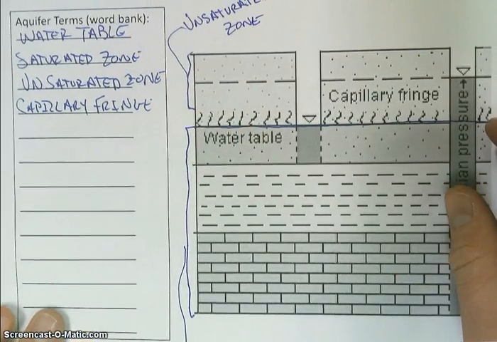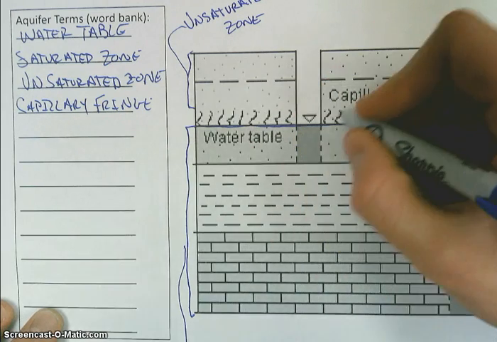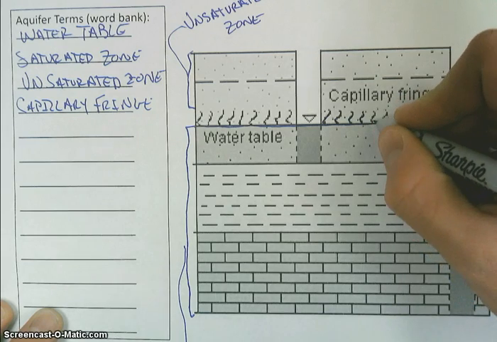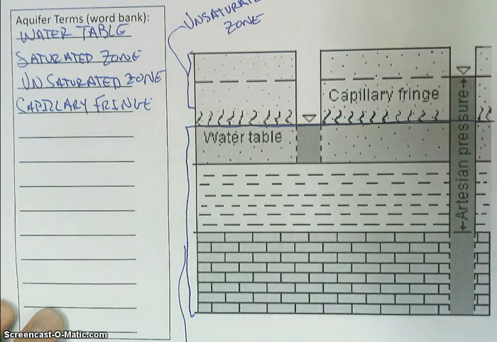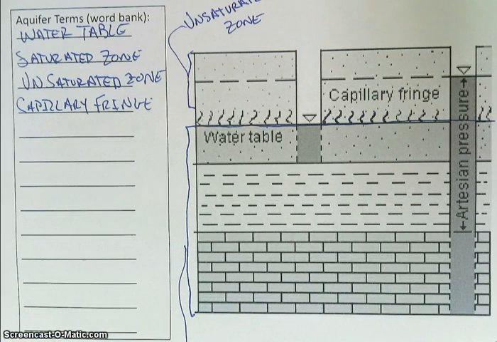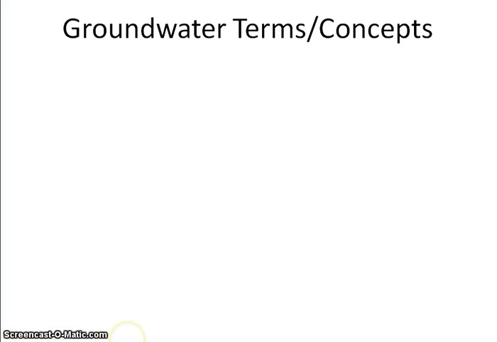And then the area in between the saturated and unsaturated, just above the water table, is the capillary fringe. This is the area where it's damp. So that there is the capillary fringe. Now, back to our terms, there are more to add.